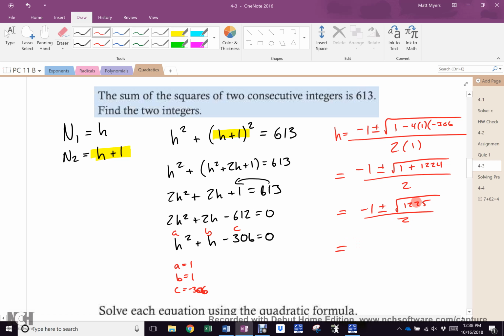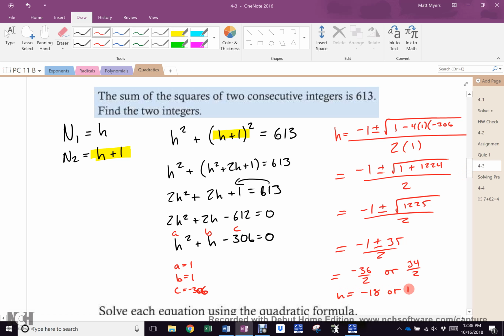If I'm not mistaken, that is 35, yeah? Negative 1 plus or minus 35 over 2, which is either negative 36 over 2, or 34 over 2, which means H is either negative 18 or 17, correct?